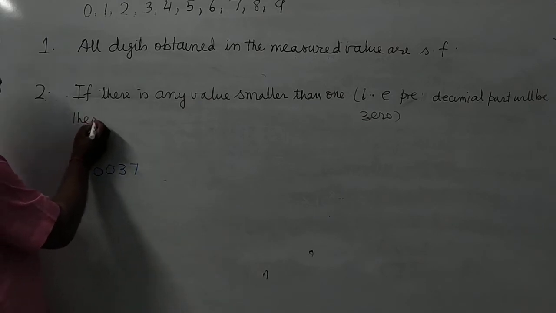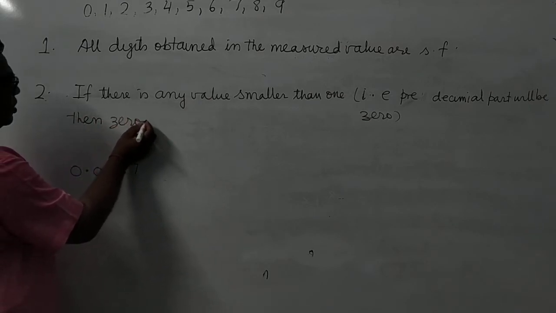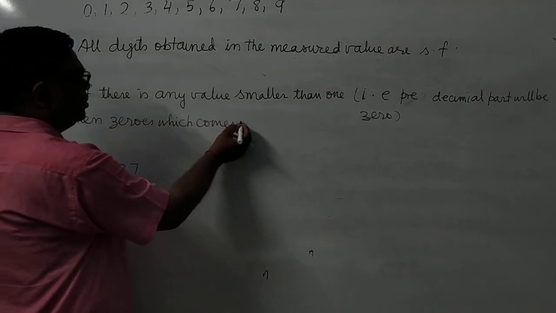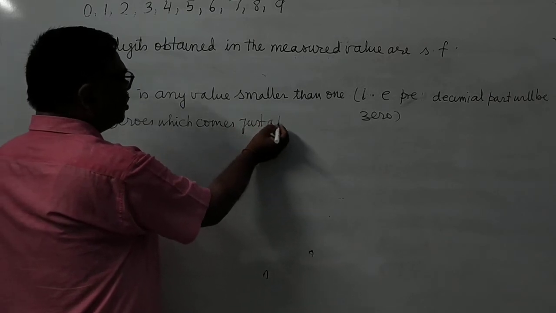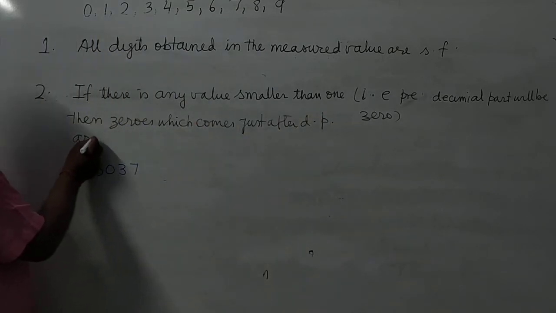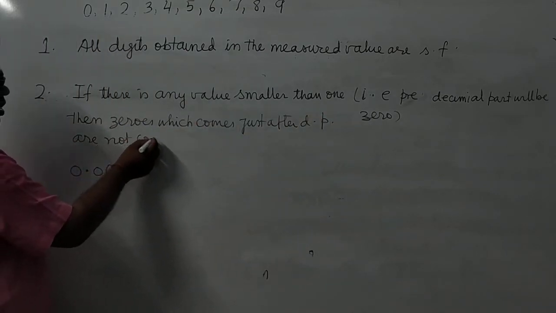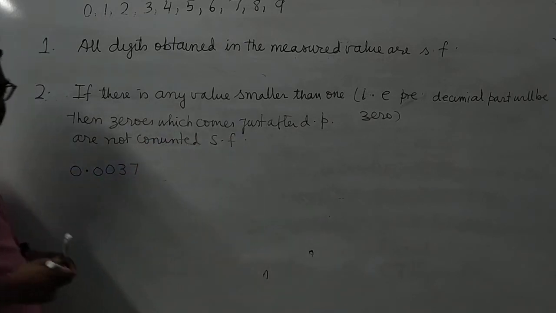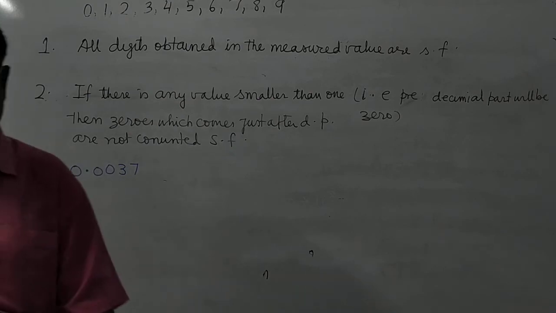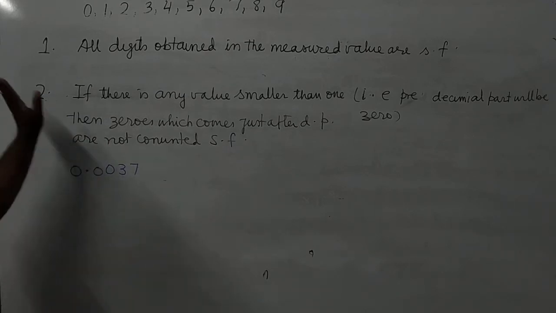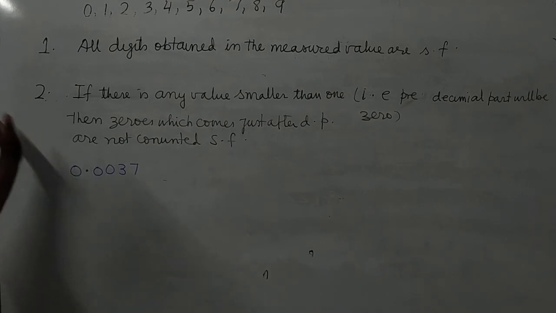Then zeros which come just after the decimal point are not counted as significant figures. This means that if there is a value in which right before the decimal there is 0, no other number, it is smaller than 1.